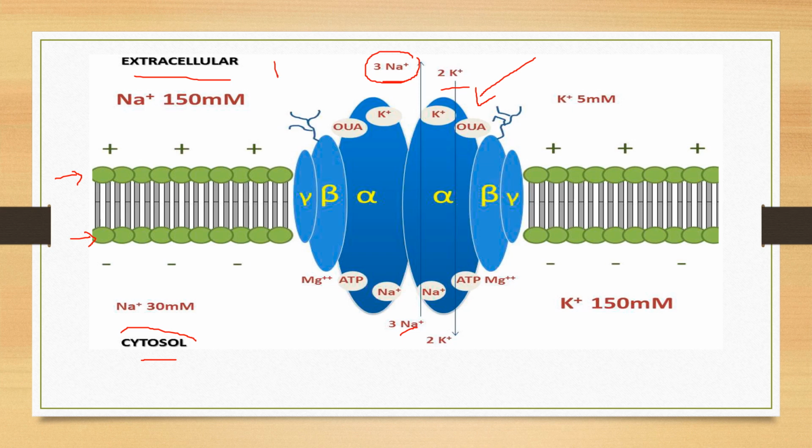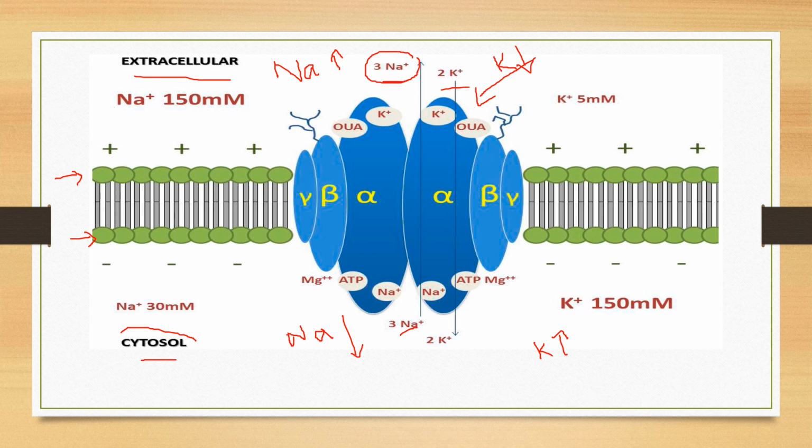Usually sodium ion concentration is more outside the cell and less inside the cell, and potassium ion concentration is more inside the cell and less outside the cell. So according to the definition of active transport, molecules move from an area of low concentration to high concentration.